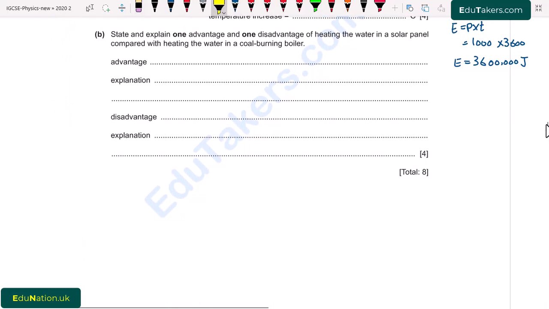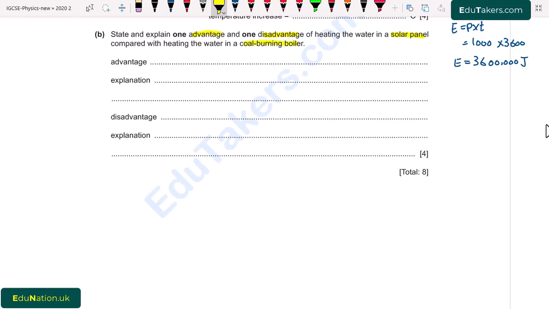Part B. Now state and explain one advantage and one disadvantage of heating the water in a solar panel as compared with heating the water in coal burning boiler.